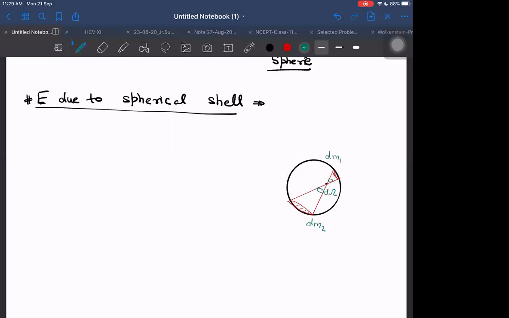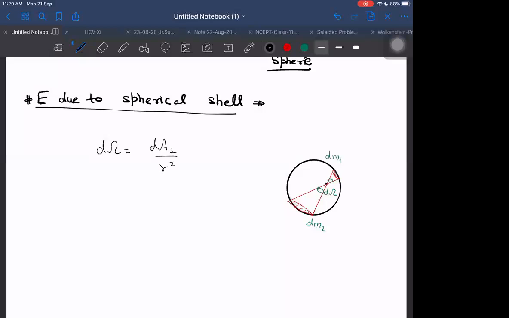If you remember, solid angle is in steradian, and it is defined as dA perpendicular divided by r square.